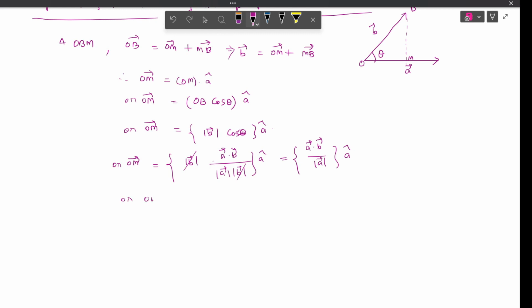Now we can say OM vector is A dot B by modulus of A vector, and we know A cap is A vector by modulus of A. So this is A dot B by mod A into mod A, that is mod A square, into A vector. Okay, this is the component of B along OA.